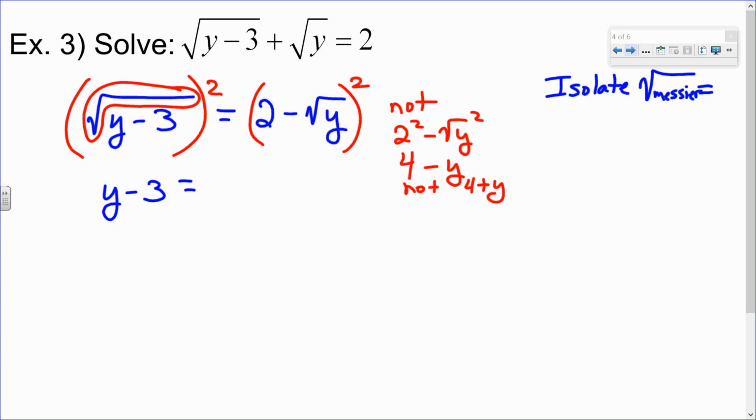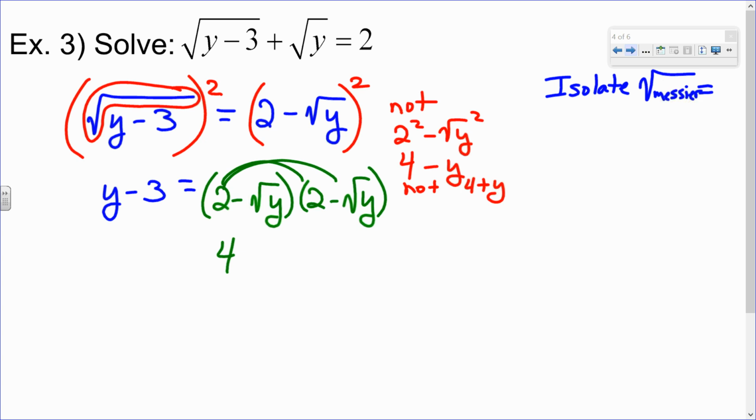What you must do, and I strongly recommend that you write it out, you need to take 2 minus root y times 2 minus root y and FOIL that. So 2 times 2 gives us 4. 2 times minus root y is minus 2 root y. Then the insides, we get another minus 2 root y. And the outsides, minus minus gives us a plus.